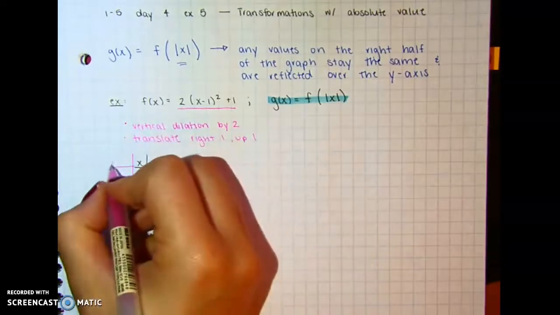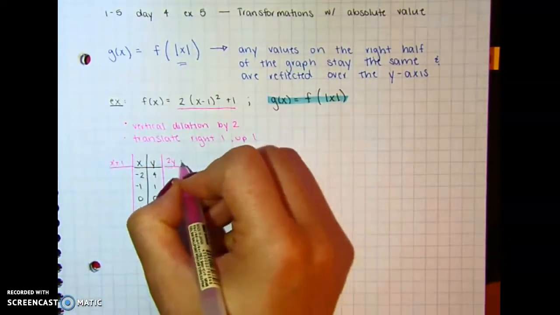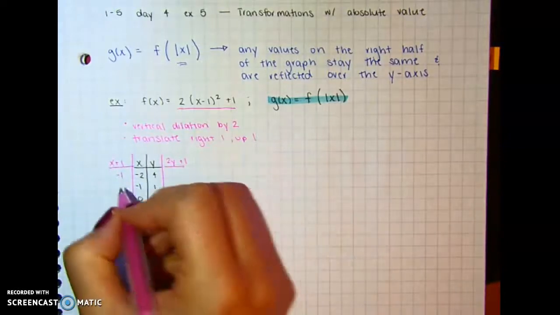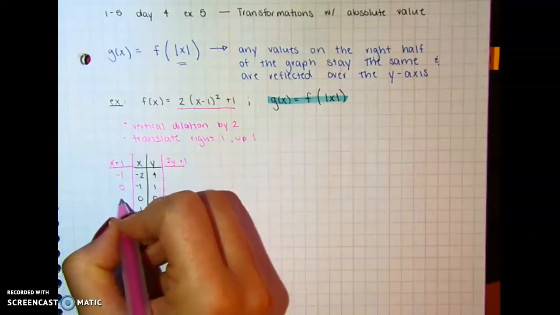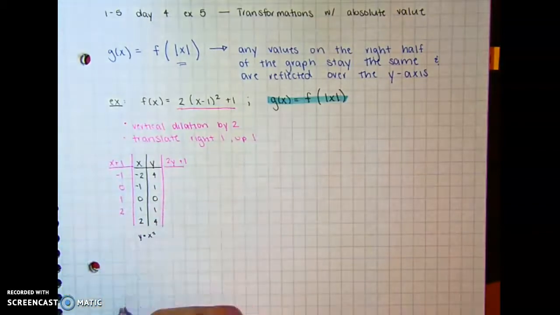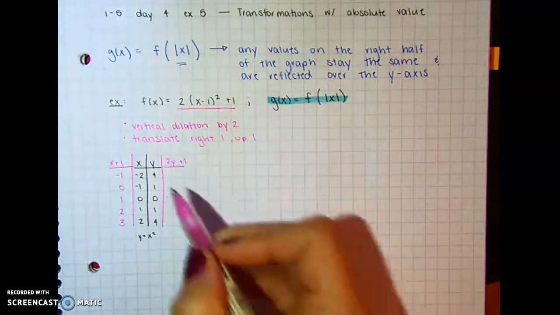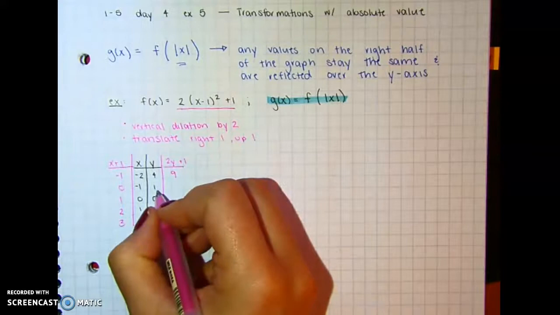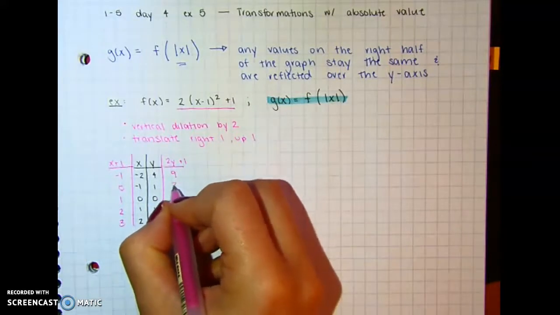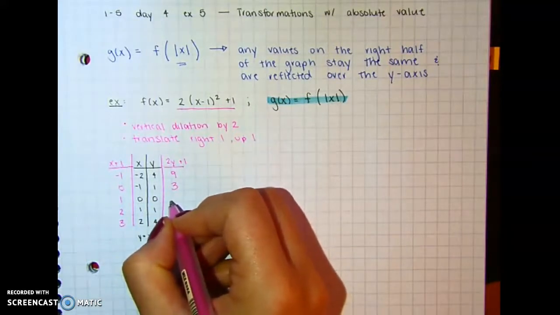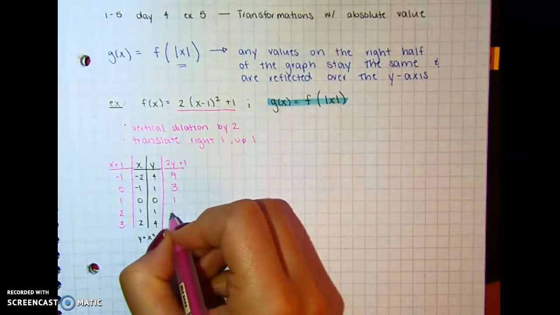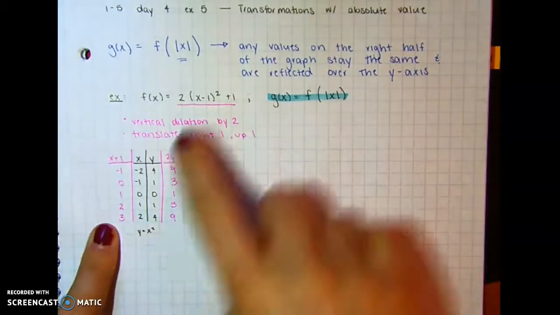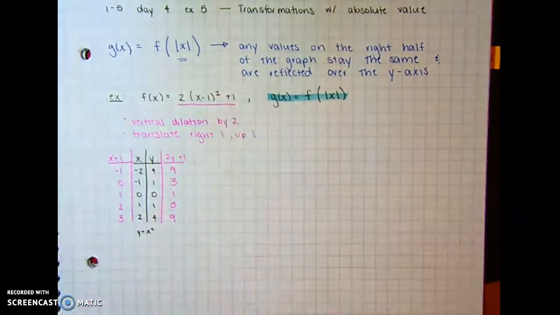Going right 1 will be x plus 1, and up 1 will be y plus 1. So -2 plus 1, -1 plus 1, 0 plus 1, 1 plus 1, and 2 plus 1. Then we have 4 times 2 plus 1, 2 times 1 plus 1, 0 times 2 plus 1, 1 times 2 plus 1, and 4 times 2 plus 1. Okay, so this is just this original f of x function.